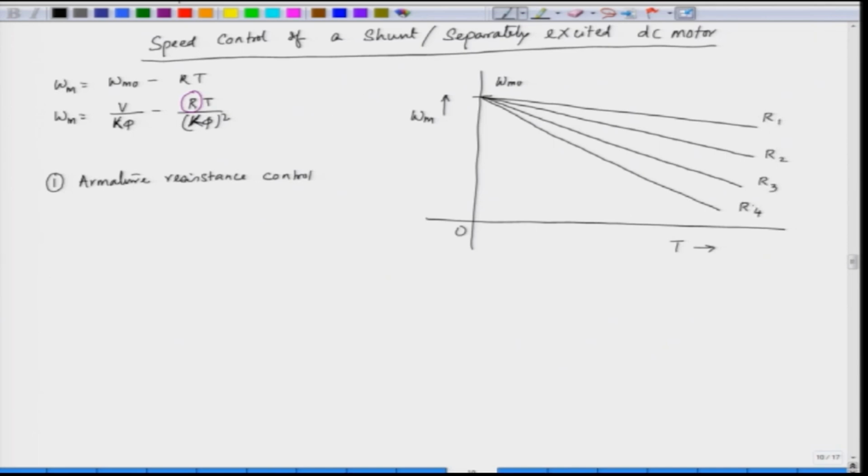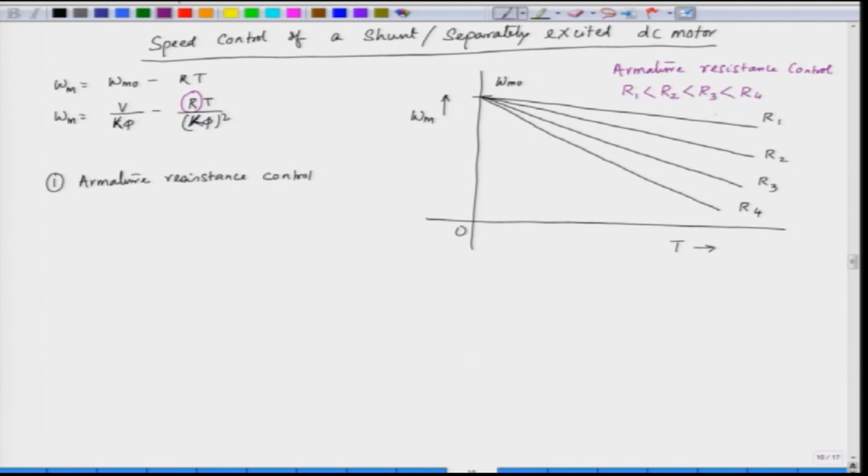Here we are talking about armature resistance control. So, we are changing the armature resistance. Here the resistance values are R1 less than R2, less than R3, less than R4.